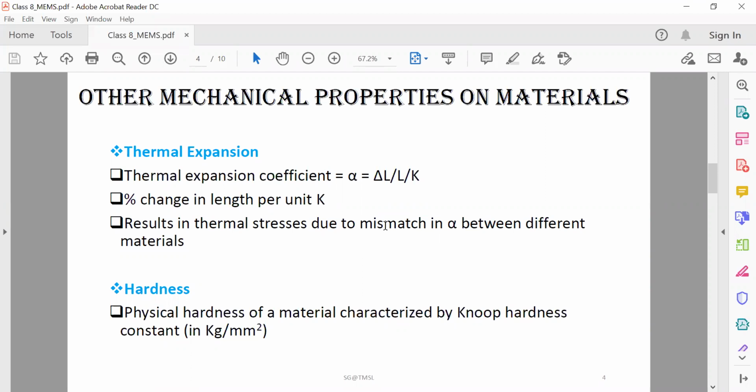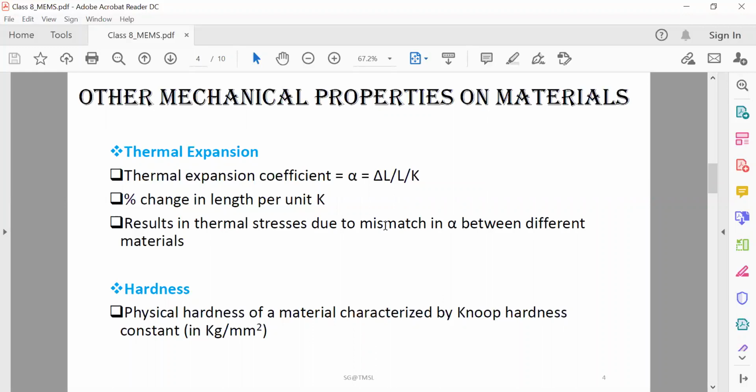So if the temperature changes, the operation will be altered, because you are not using the sensor at a fixed temperature; you are using the same sensor at different temperature ranges, and the thermal expansion coefficient is not the same. As a result there will be a stress, and that stress is known as thermal stress.